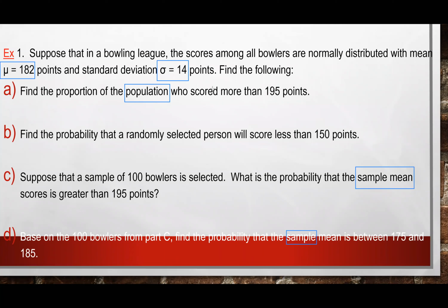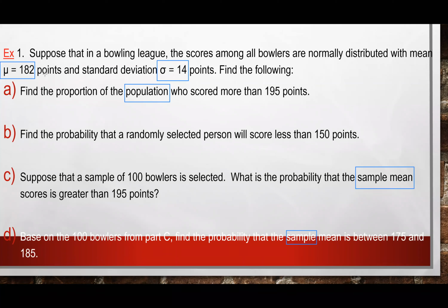If you look at A, B, C, and D, you can see that in A, they ask you to find a proportion of a population, so now we will use these two items, the mu and the sigma, which is your population information.